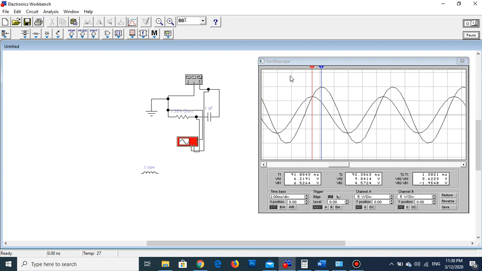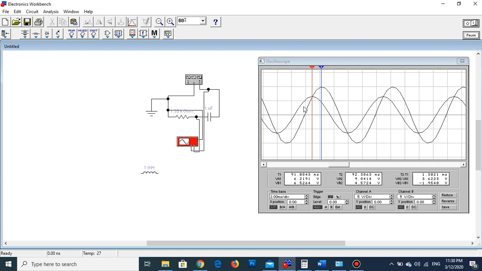So the current and the voltage of the generator are not in phase, so one of them leads the other, or one of them lags behind the other. So which one does lead the other? It is very simple. For example, take this vertical line which represents a certain instant.